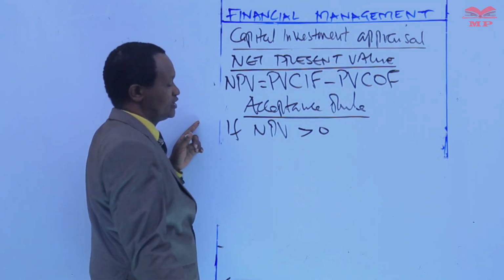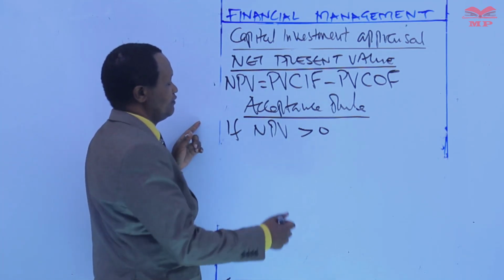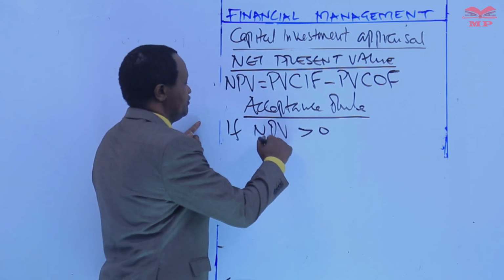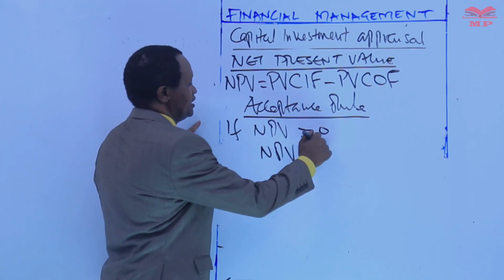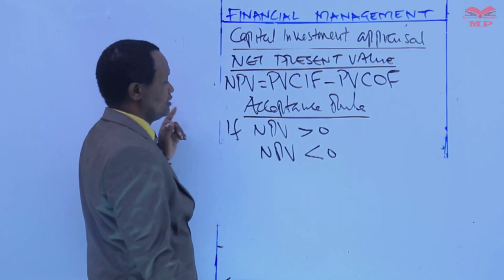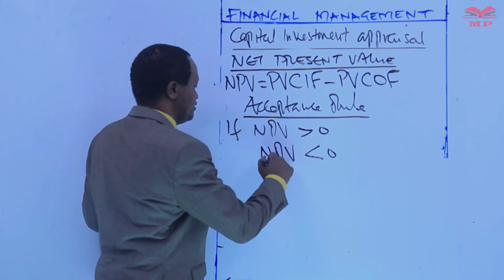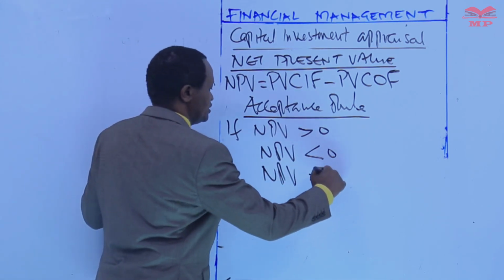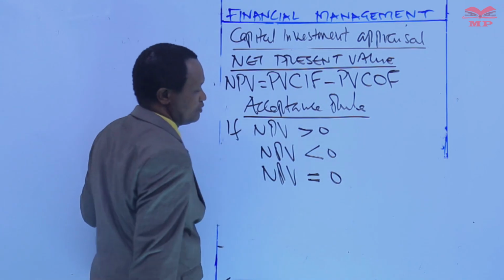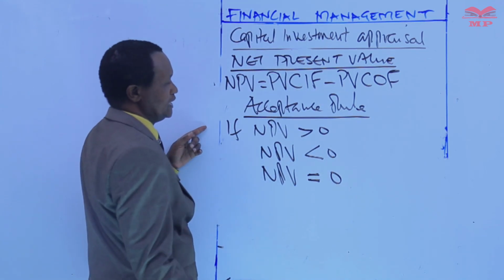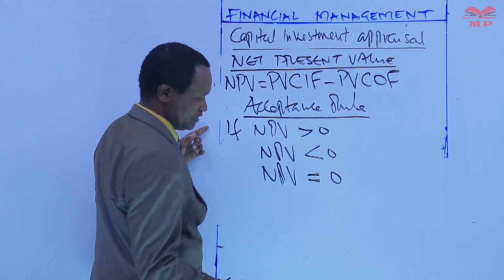But a project is rejected if NPV is less than 0. Where NPV is equal to 0, then we say the company is indifferent.